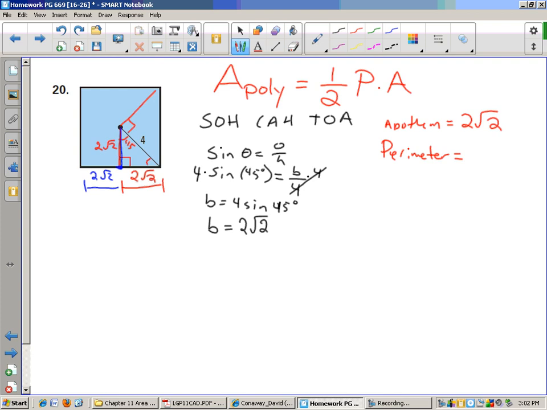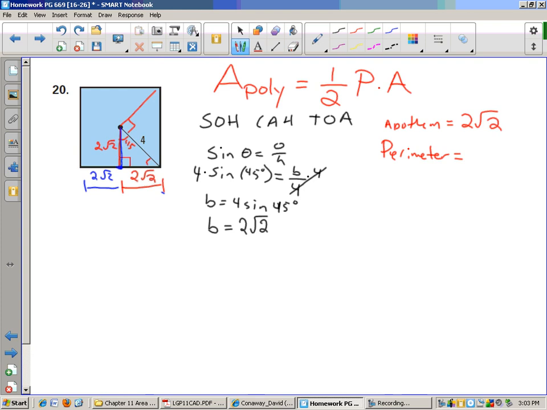So 2 root 2 and 2 root 2 go together to become what? Think of root 2 like a variable. Treat it like x. So say this in your head. What's 2x plus 2x? Is it 4x or 4x squared? What do you guys think?